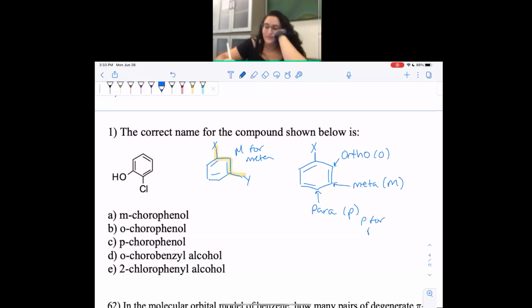P for pole. And ortho, I don't know, it just makes sense. They're right next to each other, they're oriented next to each other. I think of it in a bio type of way. There are ortho species, which means that they develop next to each other. Don't worry about it if you've never taken evolution. Ortho, just remember, is next door.